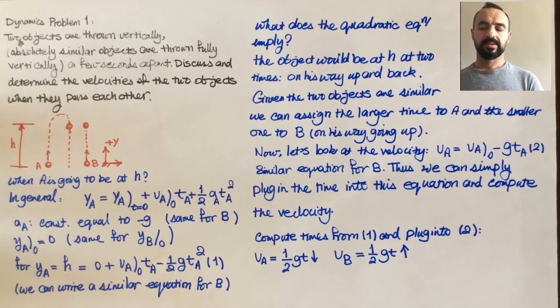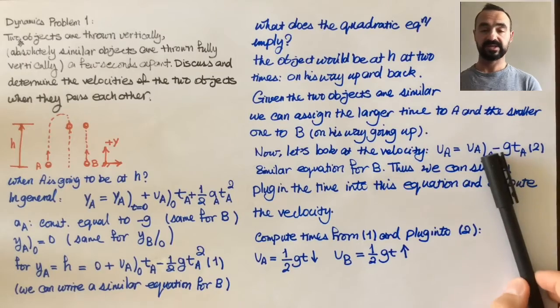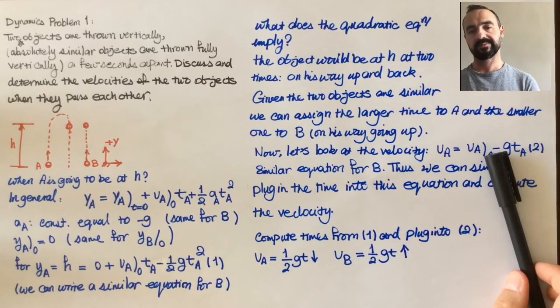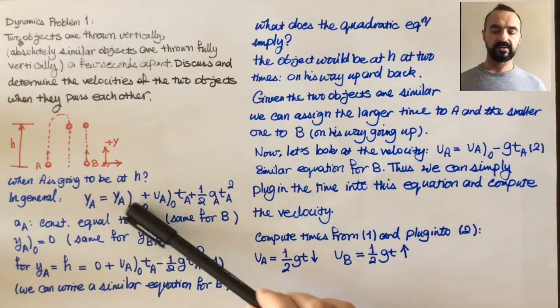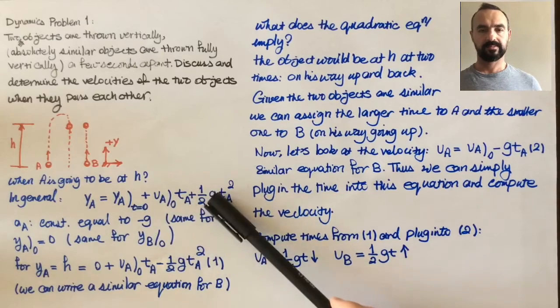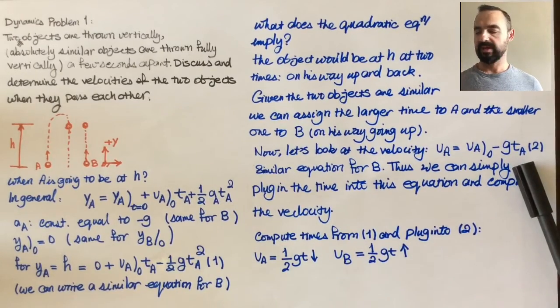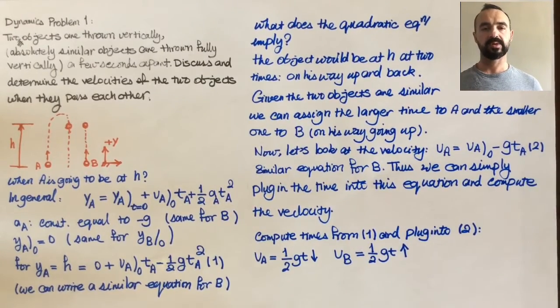So you should ask yourself, do we have the same initial velocity or not? Because if you look at these two kinematic equations, the parameters that appear in them are initial velocity and gravitational acceleration. So I'll leave that problem to you.